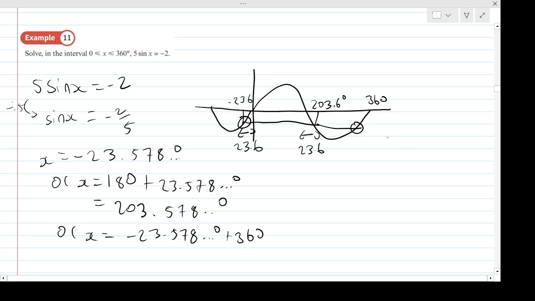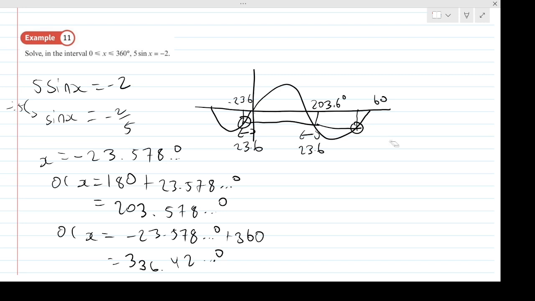Hopefully you can see the two points, the 23.6 and this next solution here, will be in the exact same position, but just 360 along. So if I do that, I get 336.42 degrees.